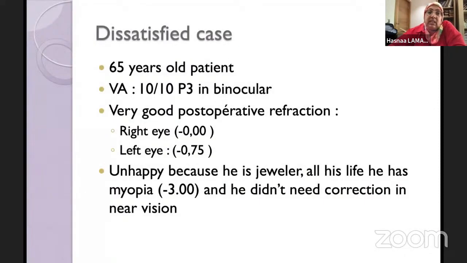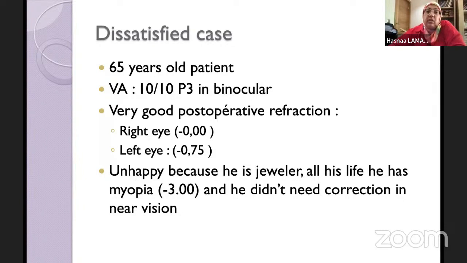We have one dissatisfied case. It was a patient who was 65 years old. He has 10/10 P3 binocular, with a very good postoperative refraction, but he was unhappy because he's a jeweler and all his life he has had myopia of -3, and he didn't need correction for near vision.